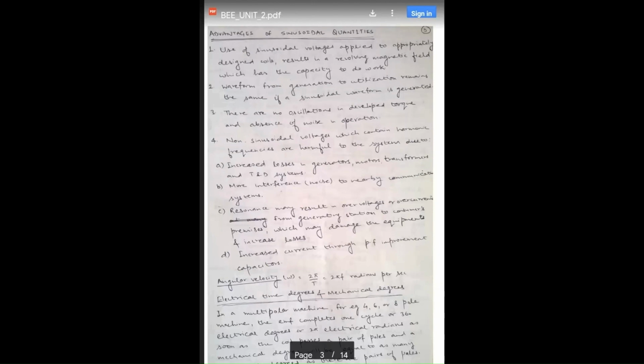So when we are talking of the applications of the sinusoidal voltage, it is generated in the alternators in a sinusoidal manner.